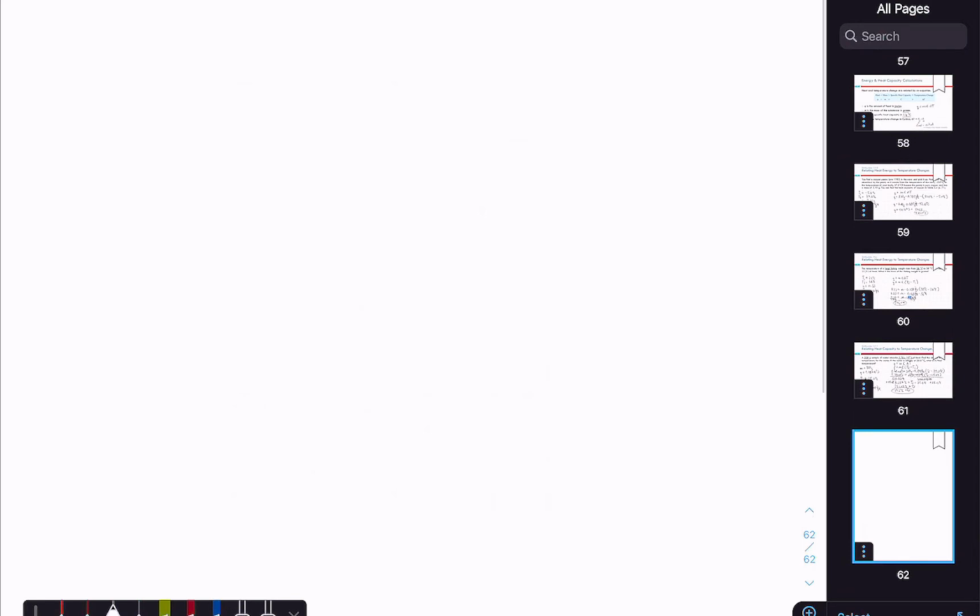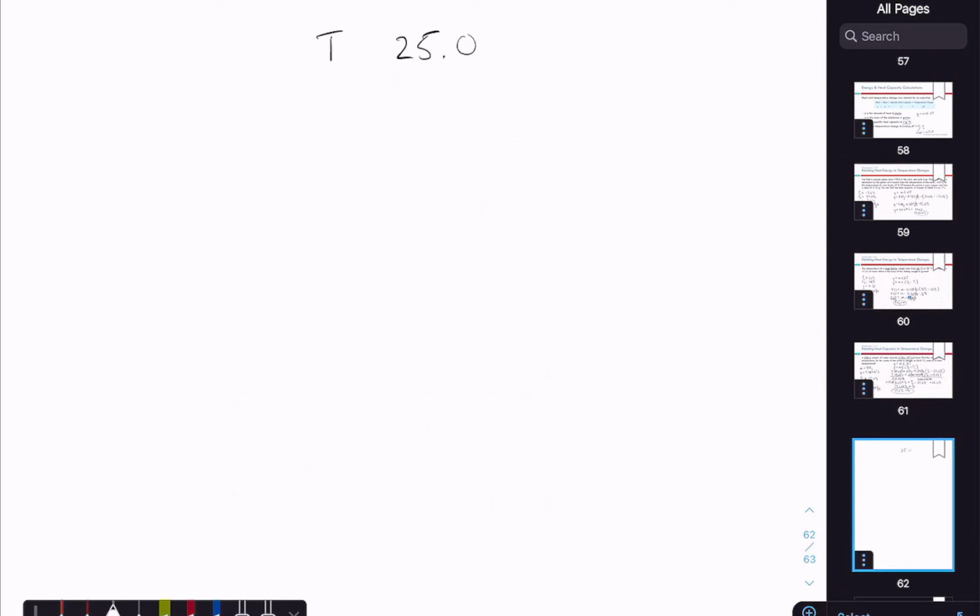Okay, so if we had been given a temperature change that went from, let's say 25.0, let's call that our T initial, and our T final is 25.5. And then I'll just throw in a mass, let's call it 111 grams.